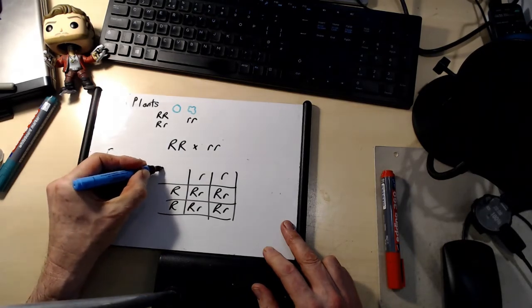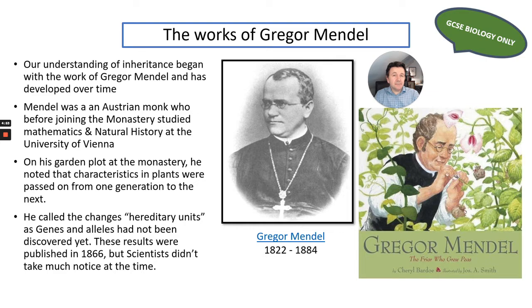So there's 100%. For GCSE biology only, you'll need to know about the works of Gregor Mendel. Our understanding of inheritance began with the work of Gregor Mendel and has developed over time. He was an Austrian monk, and before that he trained in mathematics and natural sciences before joining the monastery.